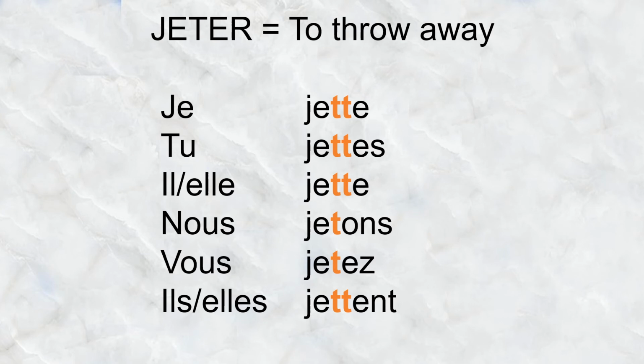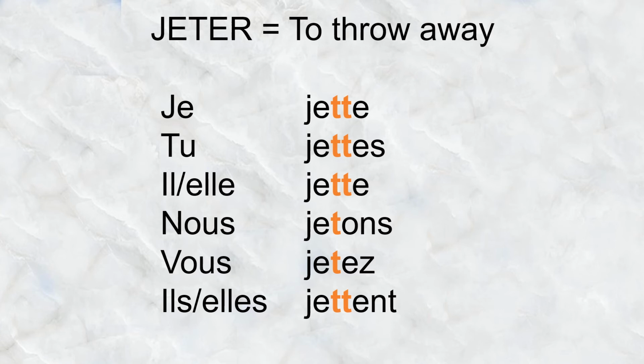Here, I'm conjugating the verb jeter, which means to throw away, so that you can see how it works. Jeter, here again, we have the ER gives you the A sound, so we are going to have one T. But once you remove the R, you have to end up with two E's.